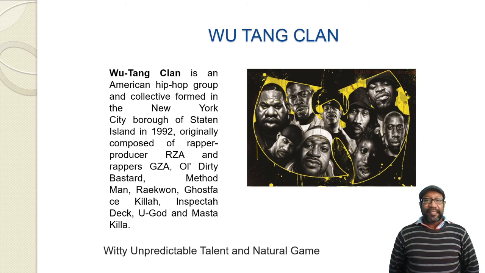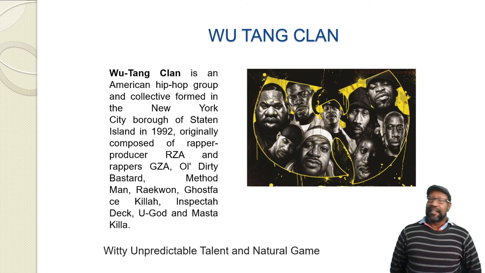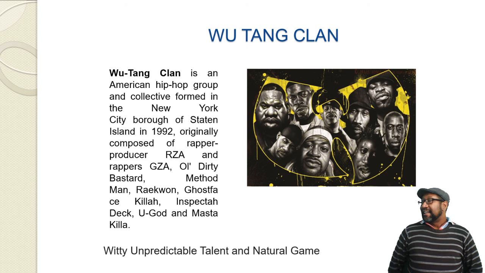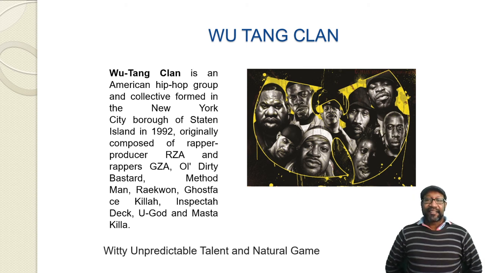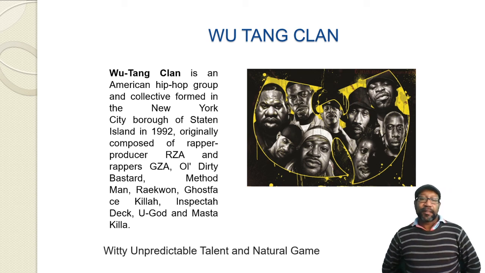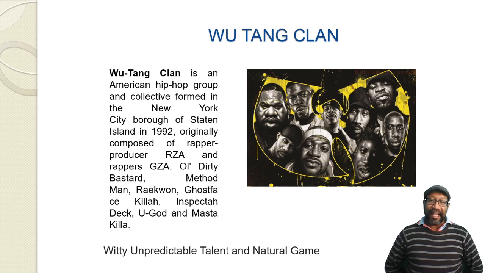A lot of people, right? There's also another one, a guy named Mathematics, who is also in the group. Nine members is too much, right? They used to play with the name of the band, and they say that it means Witty Unpredictable Talent and Natural Game.